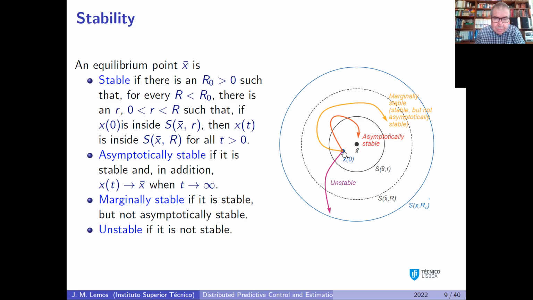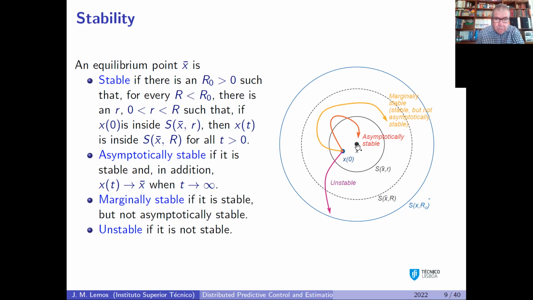Now I can ask a little bit more. I ask that the state will not only remain within the dotted line, but will return to the equilibrium point, approaching it asymptotically. So this is asymptotic stability.